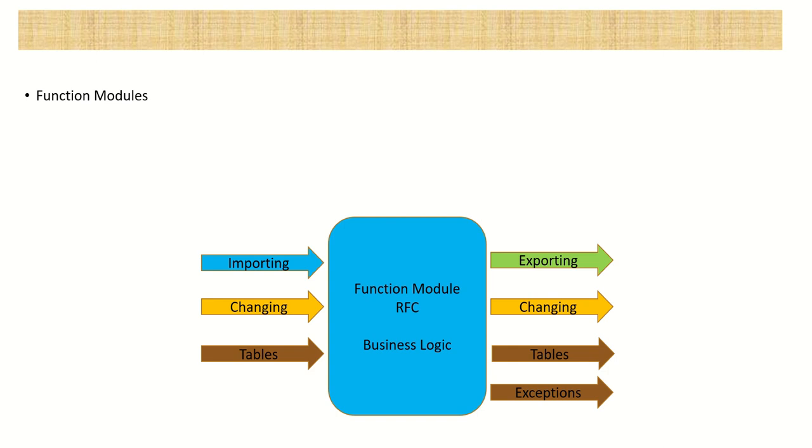In such a requirement, where we want to change the value of the importing parameter itself, in that case we have to use changing. Suppose here we have one variable A with 10. After performing some business logic, you can change the value of the same variable A to, let's say, some other value like 5, and that will be the output. So this is the difference between importing and changing parameters.